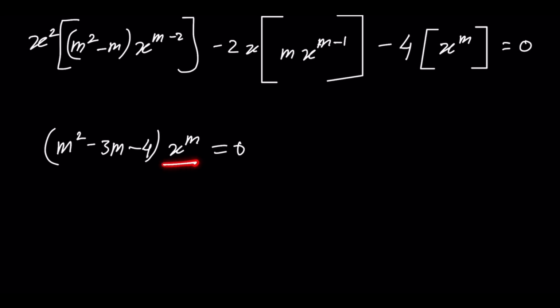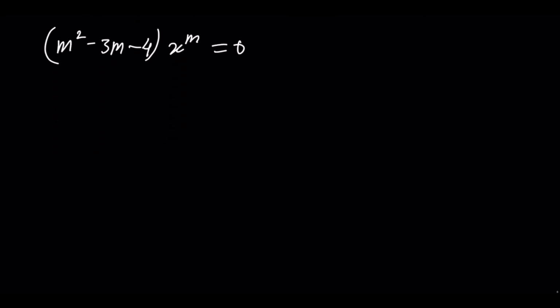We already know that the x power m cannot be equal to 0 because it is a solution of this differential equation. Hence, you're going to be left with this term.